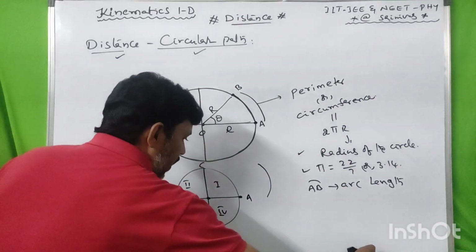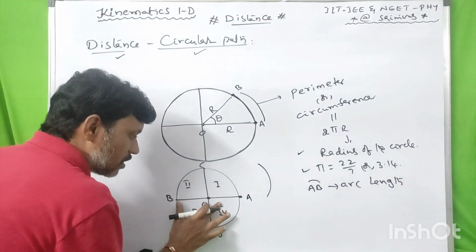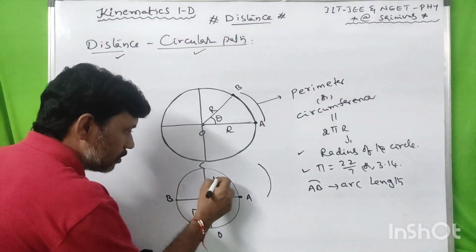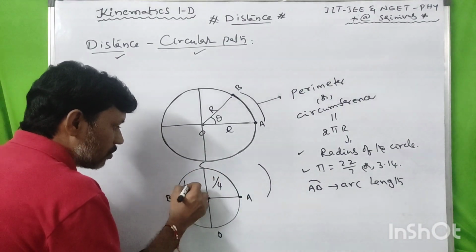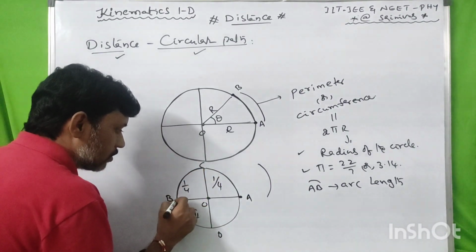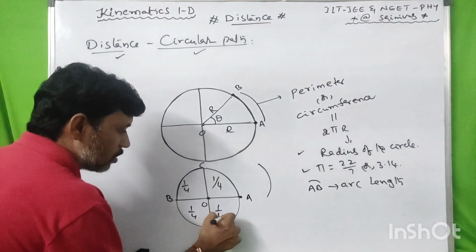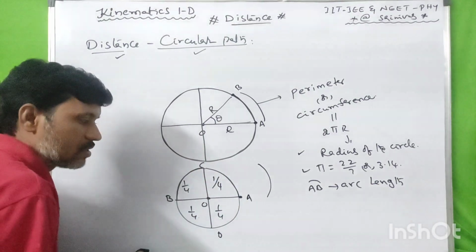Actually, we use the term quadrant in coordinate geometry, but for your understanding, let us take this as the 1/4 part of the arc length. It is also 1/4 part, and this is also 1/4 part, that means 1/4 of the total circumference.